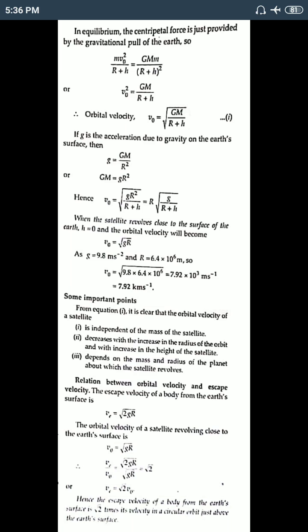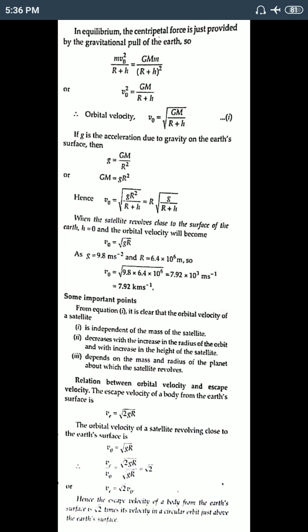Now the relation between orbital velocity and the escape velocity. Escape velocity we discussed in the last class. Escape velocity VE equals root under 2 g r, and here we get V0 equals root under g r. All are from the earth surface, and V0 equals root over g r is also very close to the earth surface.